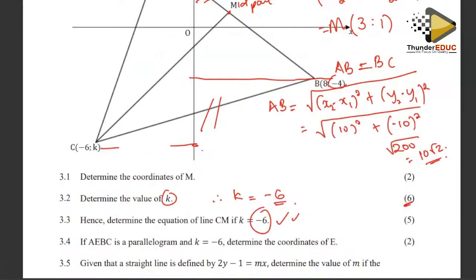Okay, the equation, so we saw that M is 3 and 1, and then C is -6 and -6. Okay, so they want the equation.